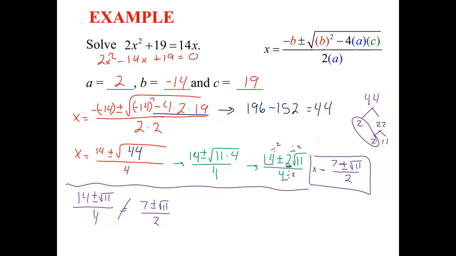But what I can do instead, and we talked about it briefly when we dealt with our complex solution, is write it as 2 separate fractions. So I could write it as 14 over 4 plus or minus the square root of 11 over 4, and then I can simplify the 14 over 4, but I can't simplify anything with the square root of 11 because it doesn't have a common factor.